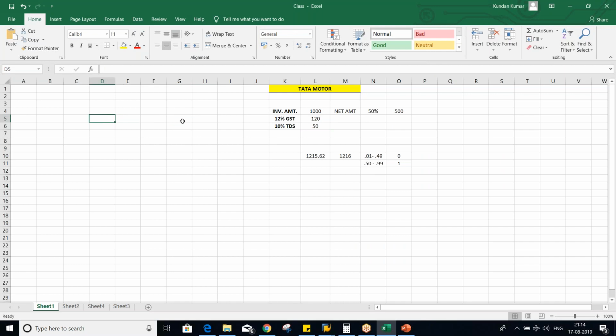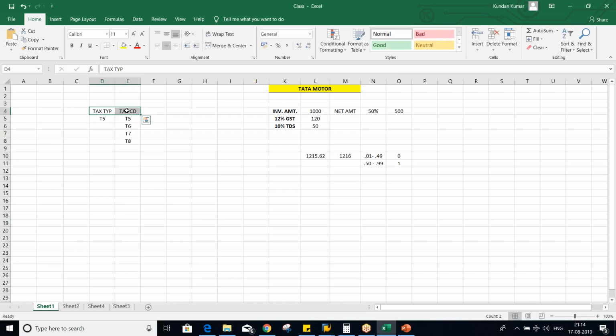Let's suppose I'm having T5, that is your tax type. Under that I'm having, let's suppose, T5 as a tax code, T6 is there, T7 is there, T8 is there. So this is your tax type and this is your tax code.